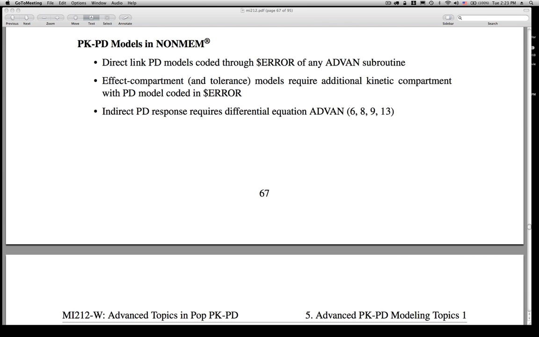And we'll see as we go to simultaneous fits in the class examples, we can actually specify different precisions or different residual variance models for the different endpoints. So if PK is much more precisely defined, we'll weight it accordingly and allow for a different residual error for PK than you might for pharmacodynamics. So that's not a problem, and I don't see any reason why a simultaneous fit could not accommodate that.